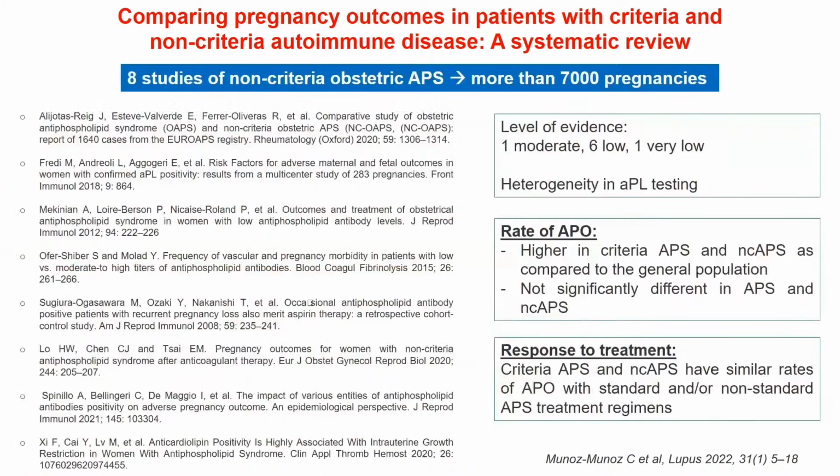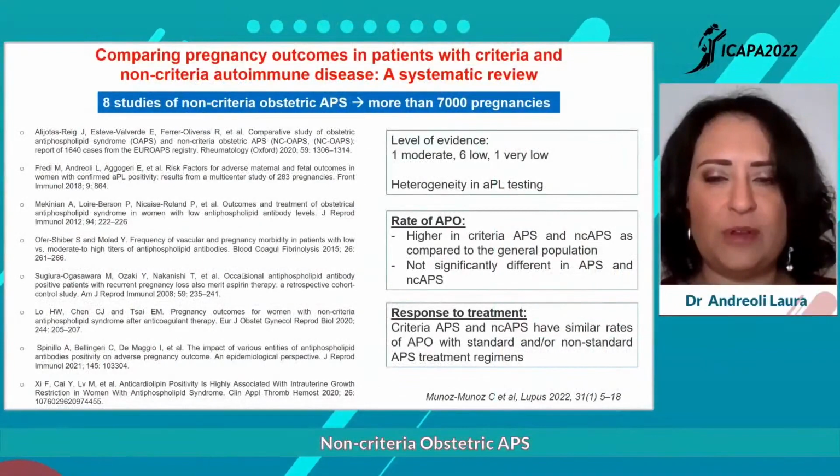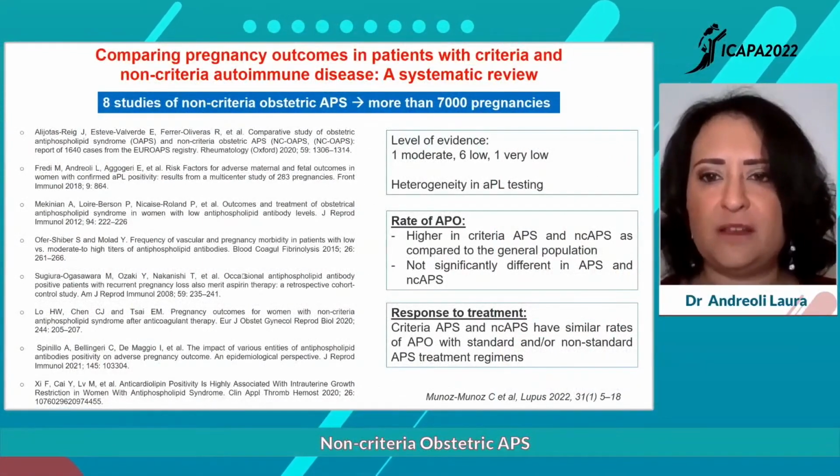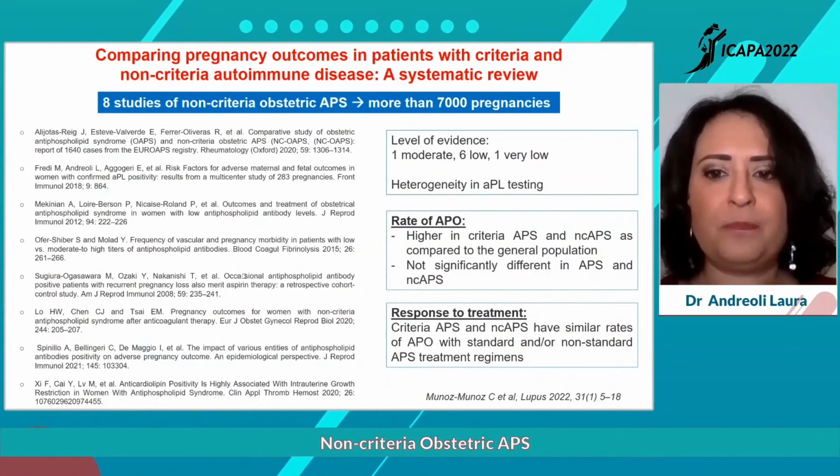But then, as the authors of the SLR were able to highlight, the rate of adverse pregnancy outcomes was not significantly different in criteria APS and non-criteria APS. Of course, both groups had more adverse outcomes than the general population, but still no big difference between these two groups.